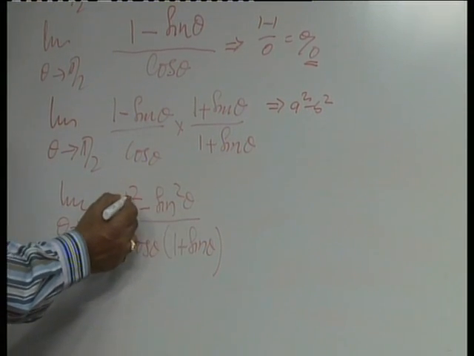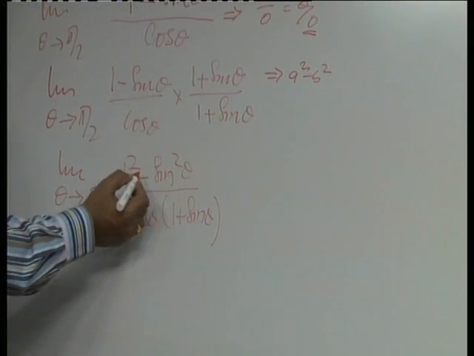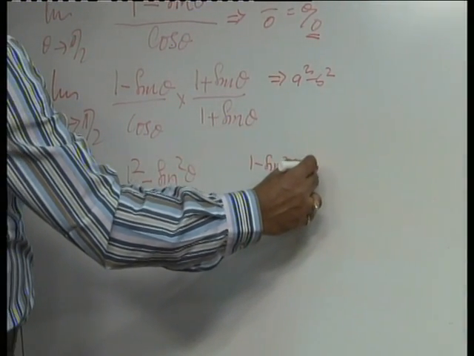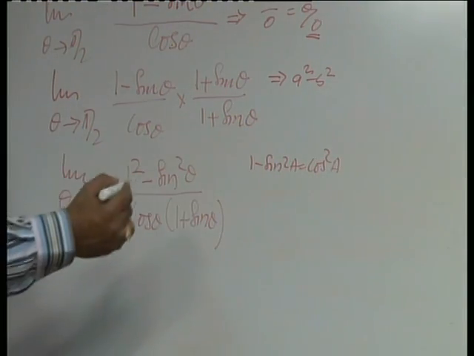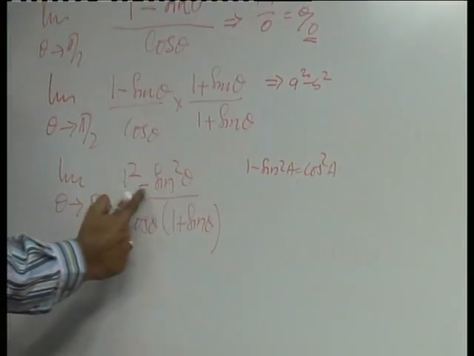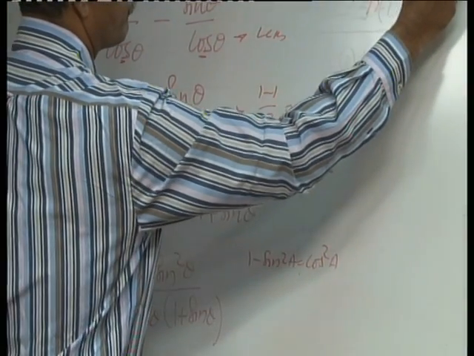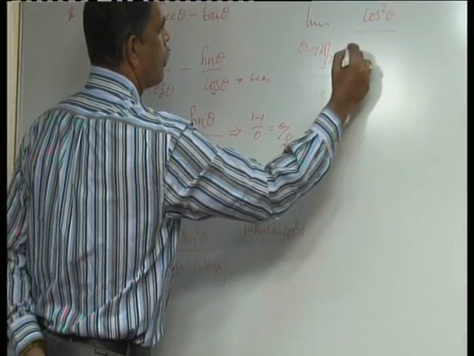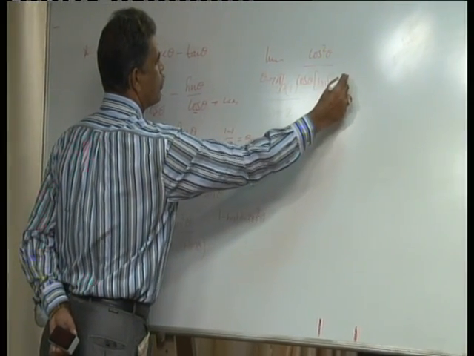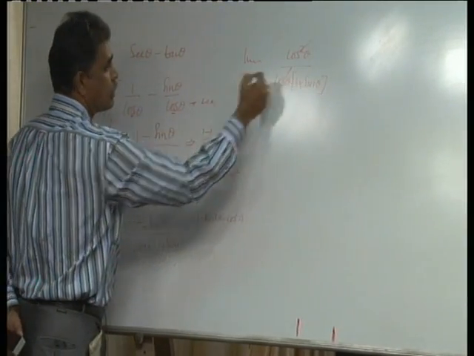As we know, 1 square is 1, and 1 minus sin square is cos square. Therefore I can take 1 minus sin square is equal to cos square, as theta tends to pi by 2. This is cos square divided by cos theta into 1 plus sin theta. Cos theta cancels.